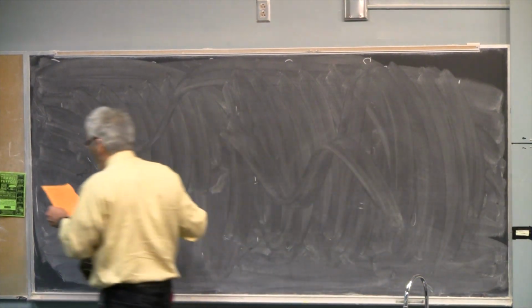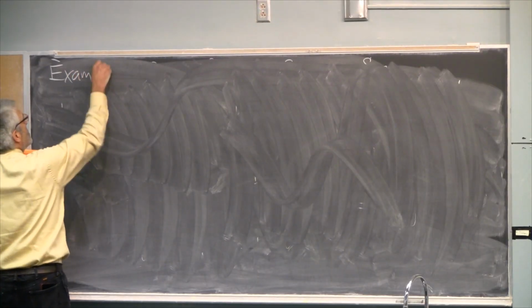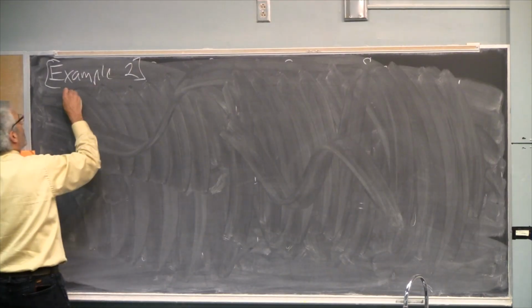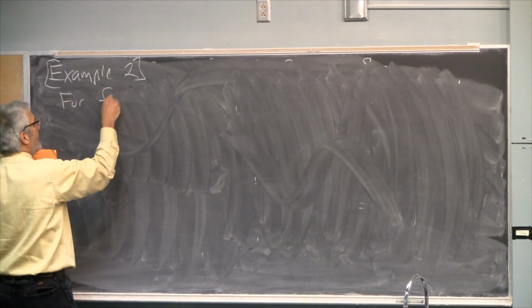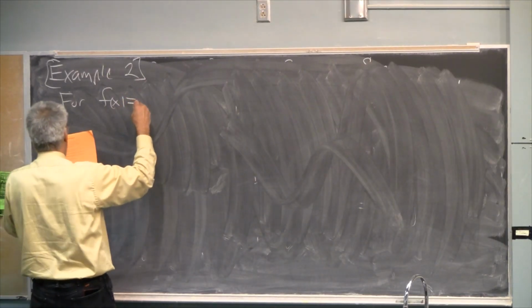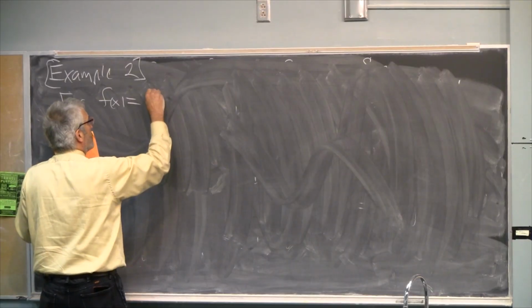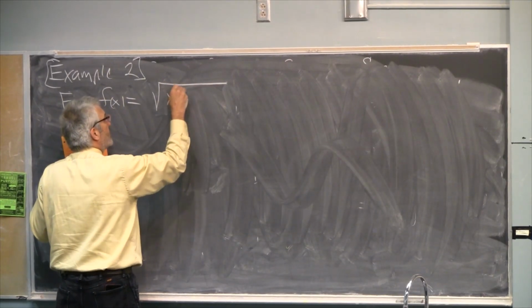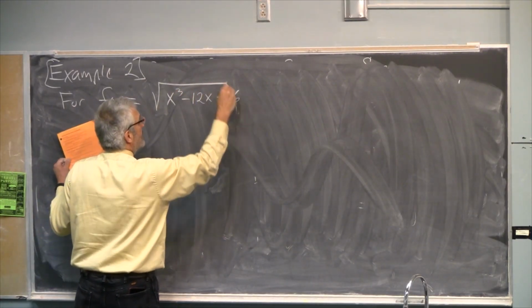Okay, so example 2. For this function, we have f of x equals cube root, square root of x cubed minus 12x plus 16.